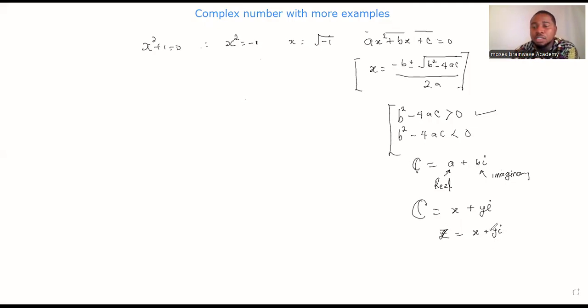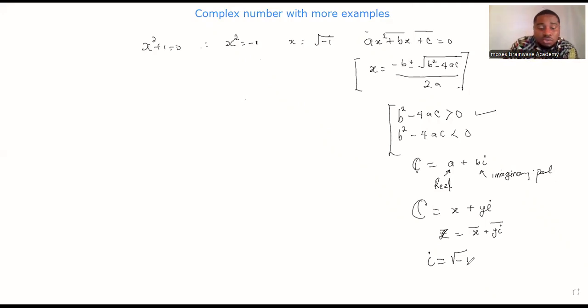Always remember, this is the imaginary part and this is the real part. Also understand that the i which you have here is just the same thing as the square root of -1. So that's what we discussed in the previous class.